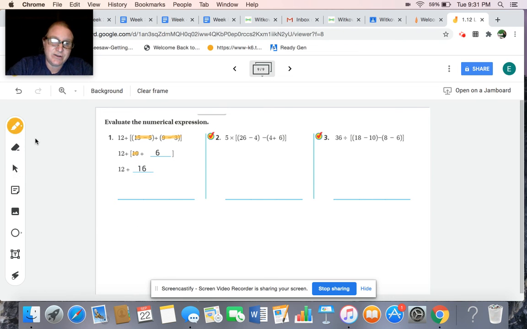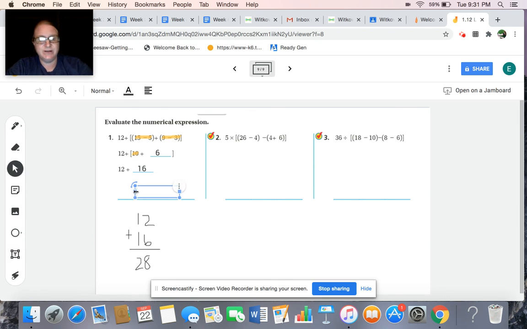And then we can do 12 plus 16. Forgive me, my touchscreen computer died, and so I'm very carefully drawing all of these. So 6 plus 2 is 8, and 1 plus 1 is 2. So our answer is 28.